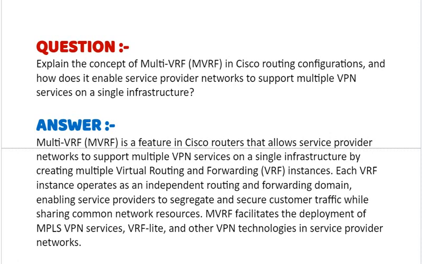Each VRF instance operates as an independent routing and forwarding domain, enabling service providers to segregate and secure customer traffic while sharing common network resources. MVRF facilitates the deployment of MPLS VPN services, VRF Lite, and other VPN technologies in service provider networks.